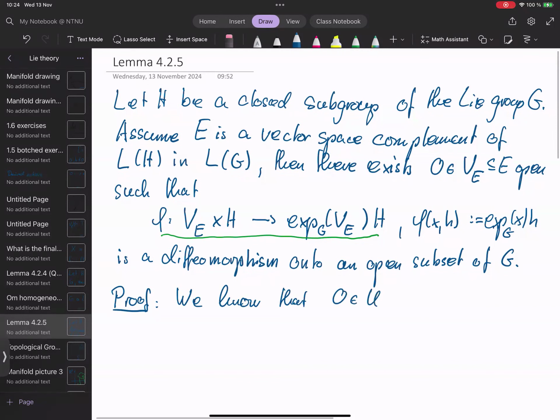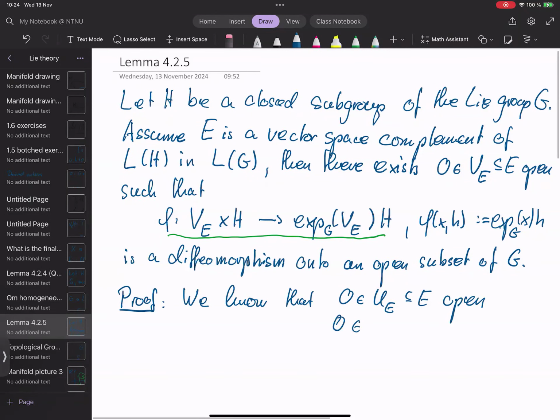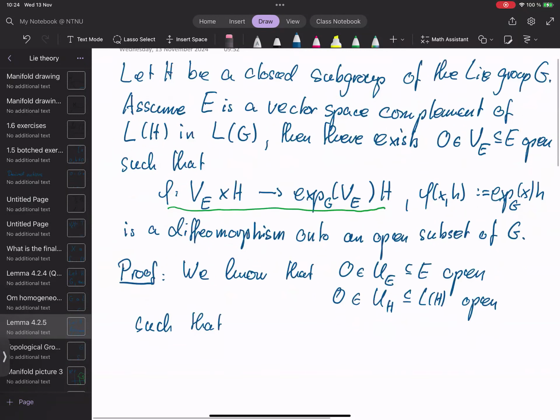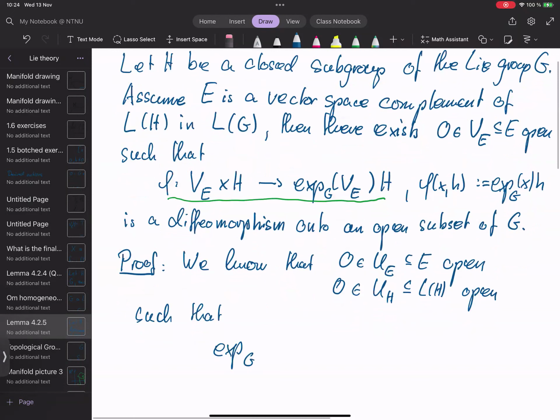there is a zero neighborhood in the subspace E, an open zero neighborhood, and an open zero neighborhood in the Lie subalgebra, such that, well, if I exponentiate with the large Lie group exponential the Cartesian product and intersect it later with H, sorry, yes, Cartesian product of the intersection, then this is the same as the Lie group exponential of the small Lie group, and I'm just exponentiating the UH.